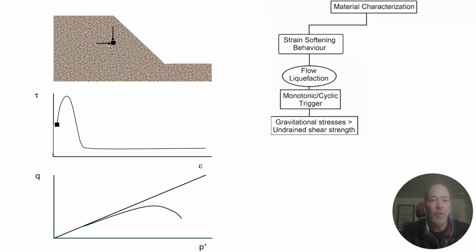So we've got our soil element in the top tau epsilon graph, and that element is actually existing in a state that exceeds the undrained shear strength, the ultimate undrained shear strength. And the same thing is shown in PQ space. So those soil elements exist in a place where the gravitational stresses are greater than the remolded undrained shear strength.